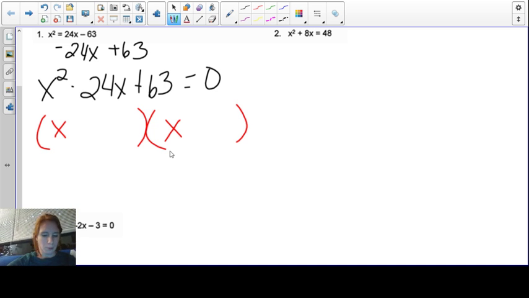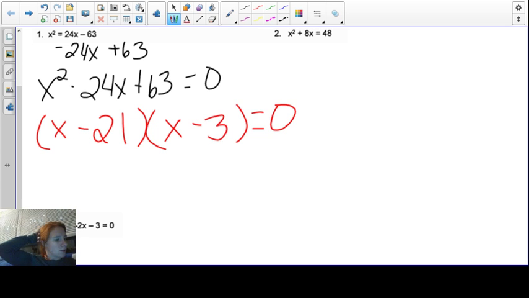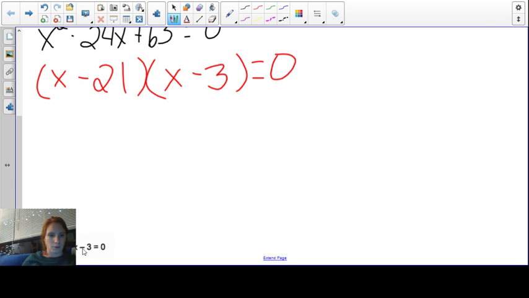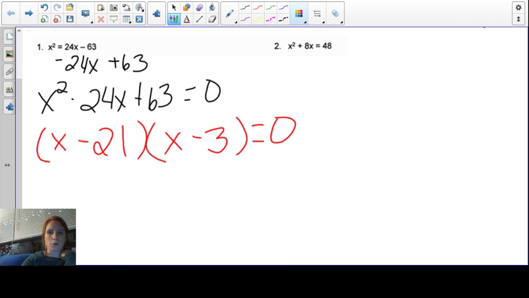Negative 21 minus 3 will give me negative 24. And negative 21 times negative 3 will give me 63. So, the hard part's out of the way. And I write massive. So I have to move that down.